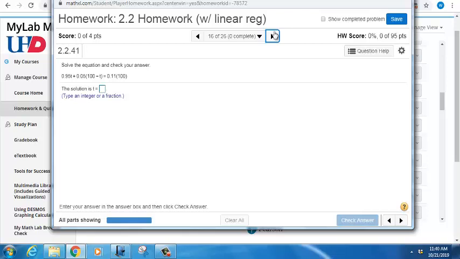So I come out with something like t is equal to 6 divided by 0.9, but they want that written as a fraction. They don't want that written as a decimal. So we want to somehow get rid of that 0.9.